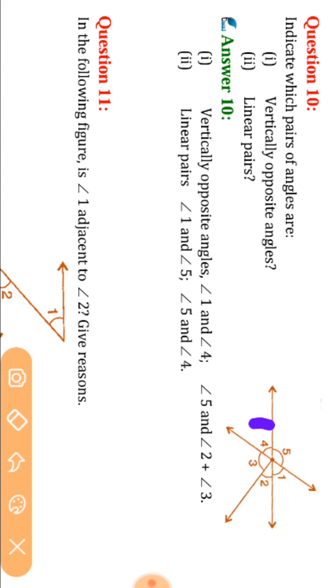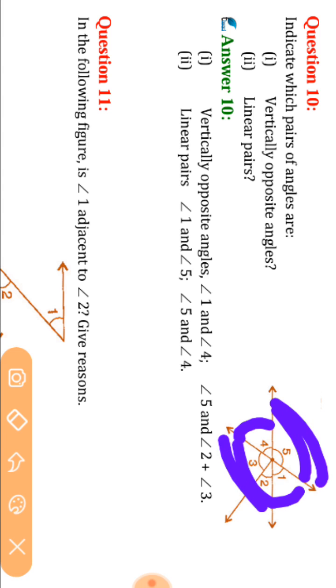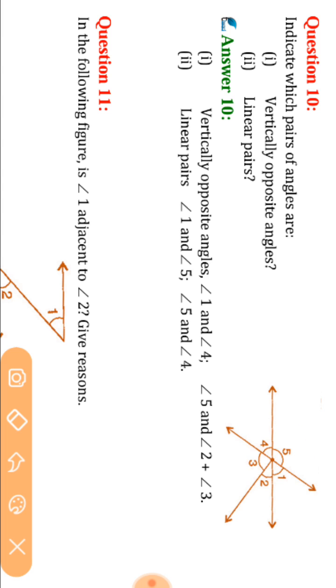So 1 and 4, and 5 and 2 plus 3. Linear pair should create a line. Here 5 and 1 make a line, and 4 and 5 make a line. Any other angles are not linear pairs.